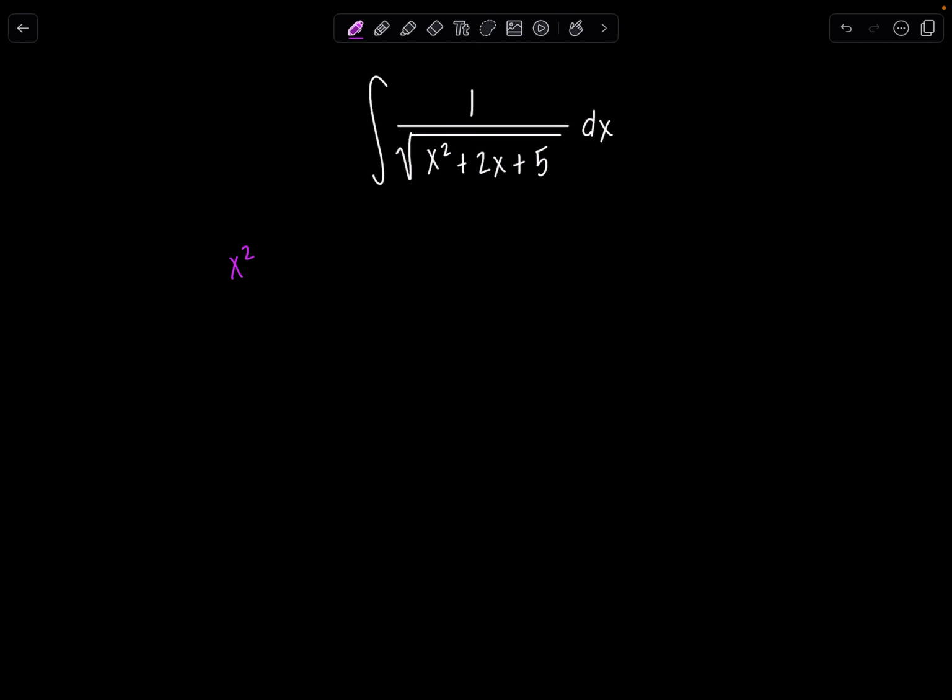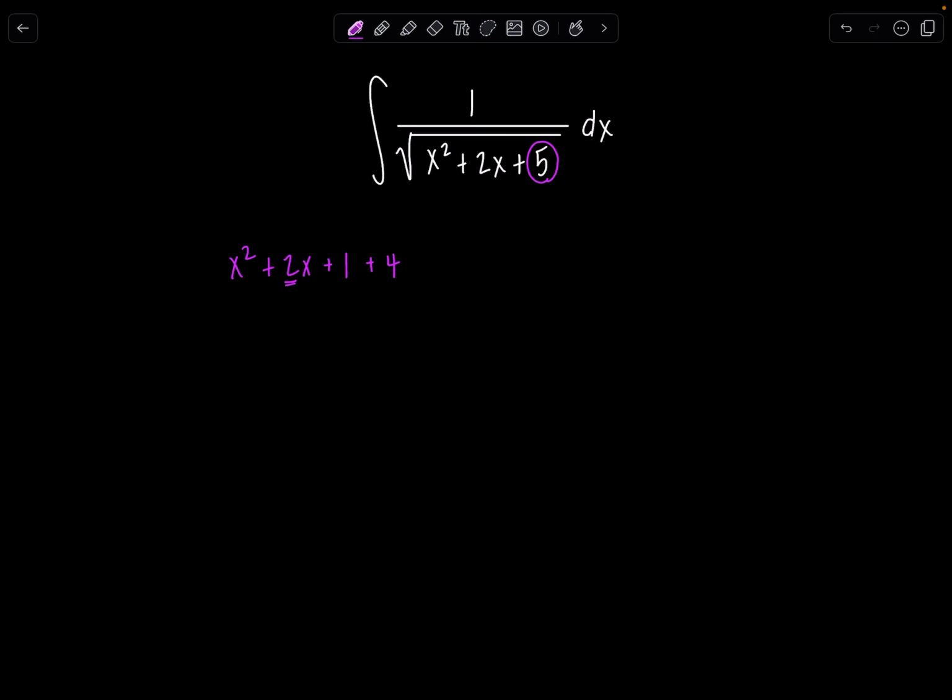So you take x squared plus 2x, and then divide the coefficient in front of x by 2, and then square it. So that would be a 1. That gives me a perfect square trinomial. And I'm noticing here we have a 5, so I'm just going to borrow 1 from the 5 and break it up. So then now it's 1 plus 4.